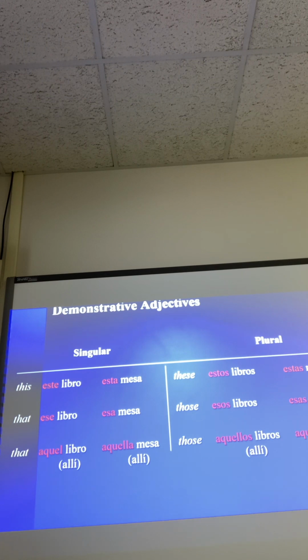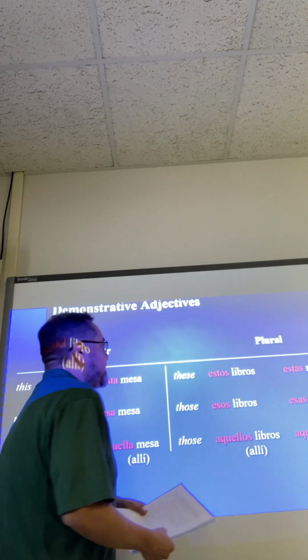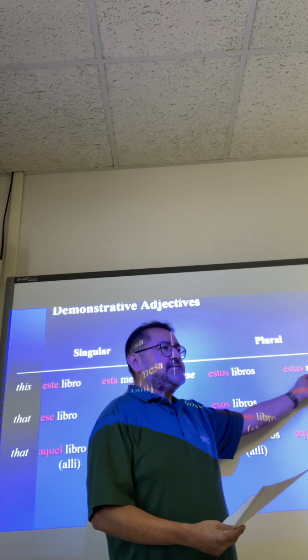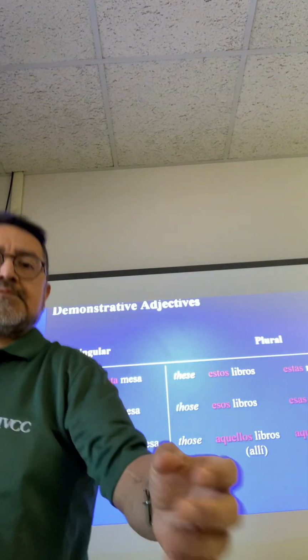You just have to decide if you're going to use the masculine one or the feminine one. So if you look at the first sentence, ¿te gustan estos vestidos? What is vestido? Masculine or feminine? Masculine, yeah. And it's plural, so these. So would it be estos vestidos or estas vestidos? Estos.